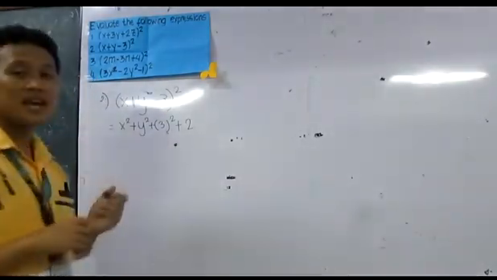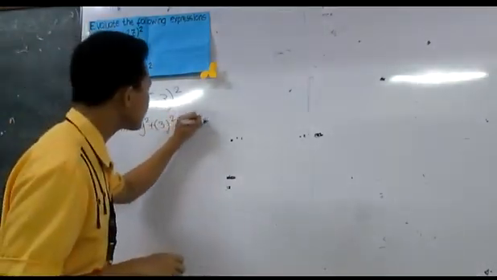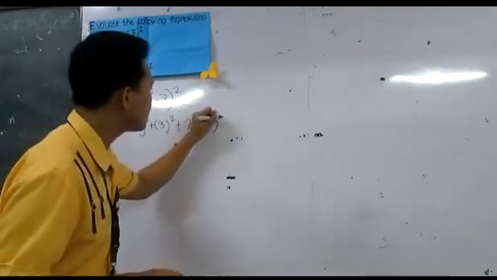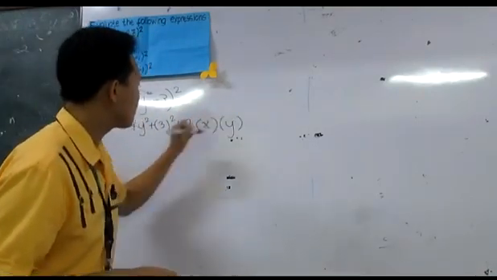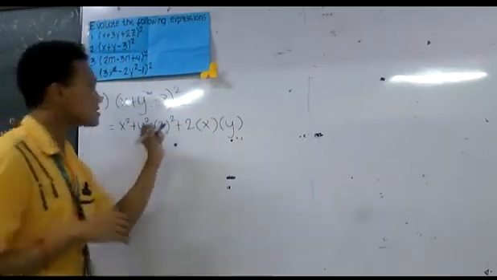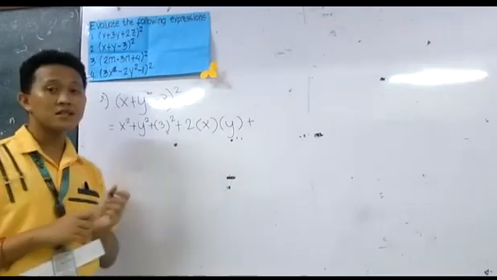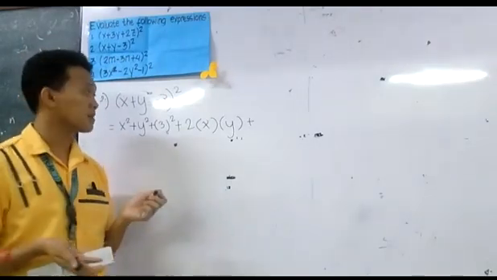So our first term here is x, and our middle term is y, plus twice the product of the middle term and the last term.